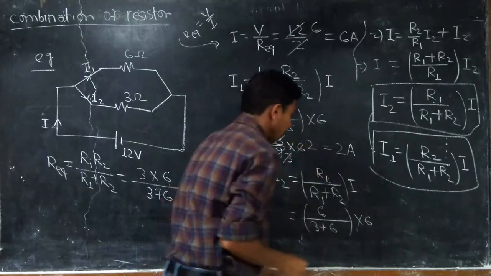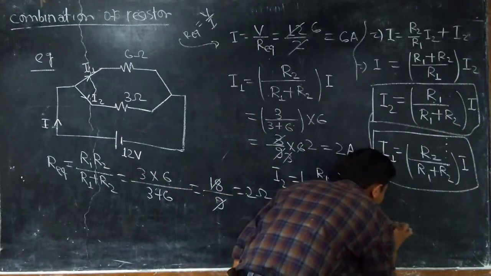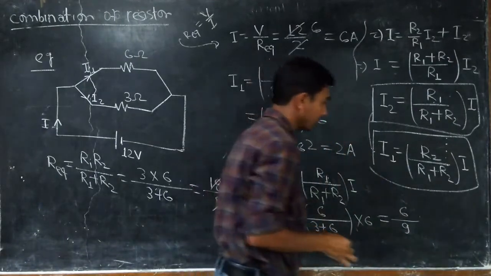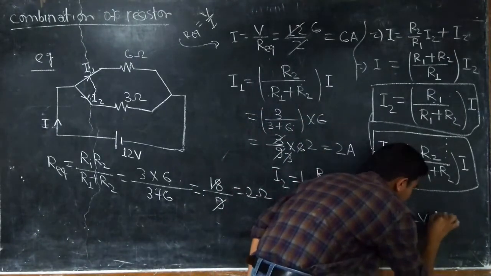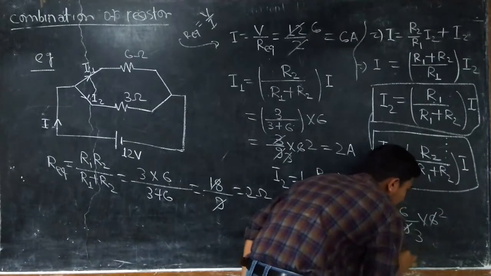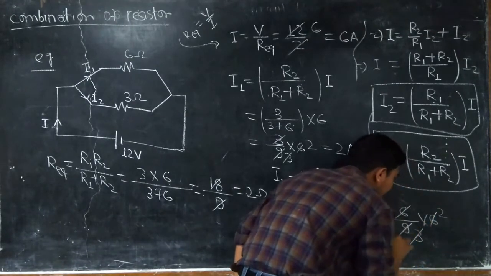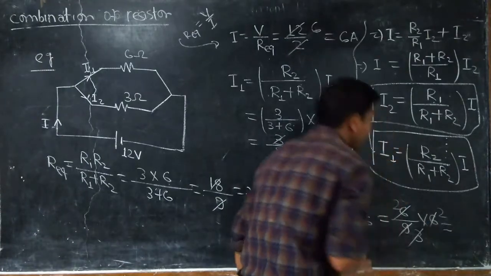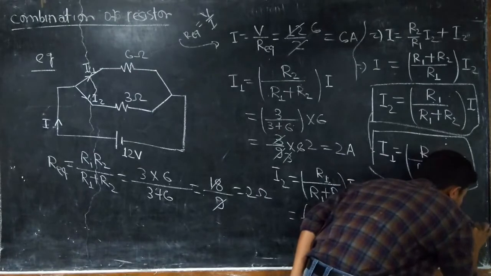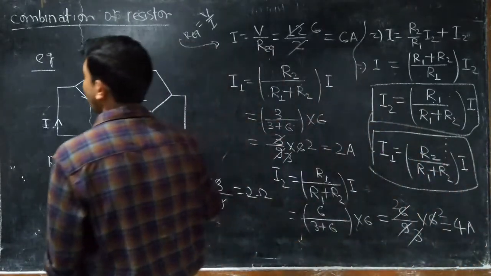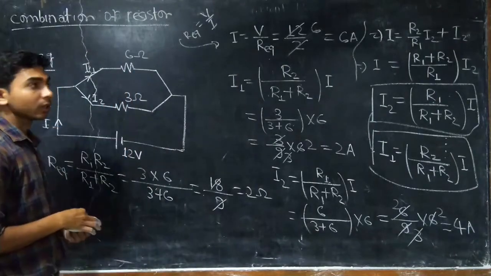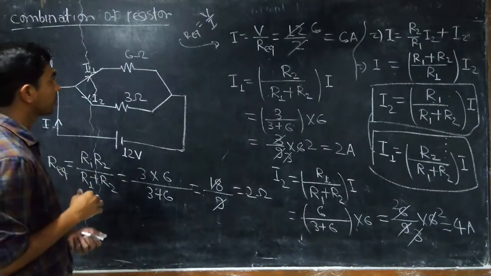So further we can write 6 by 9 into 6. So here 2, here 3, we can cancel it. So 2 into 2, how much? 4 ampere, right? So this value is 4 ampere. This way we are able to get the value of I1 as well as I2.